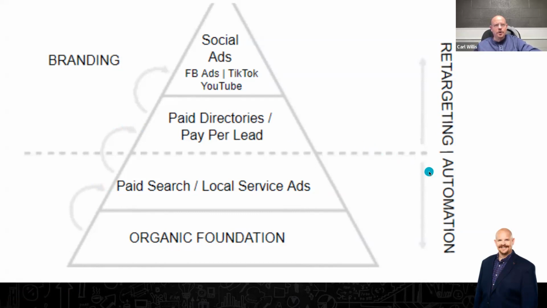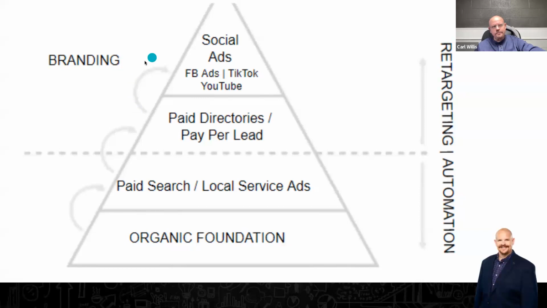You really want to make sure, before you move to that level of the pyramid, you've got some automation in place with your lead flow. Are there follow-up messages being sent by email, by text? Do you have other mechanisms to really connect with that prospect immediately when they come into your marketing funnel?